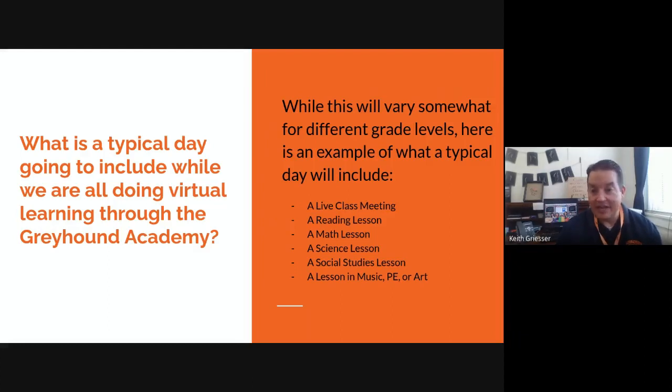A live class meeting: we are expecting a live class meeting to be a part of every day for every grade level. A reading lesson, a math lesson, a science lesson, a social studies lesson, and a lesson in music, PE, or art. Now, at the kindergarten level, you might have a science lesson one week and a social studies lesson the next.